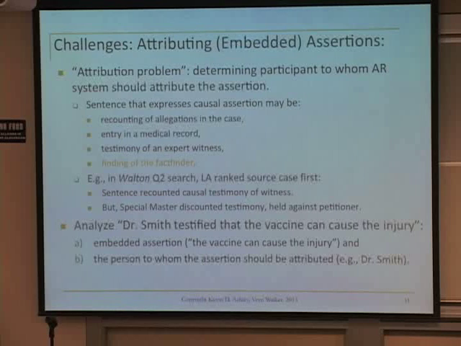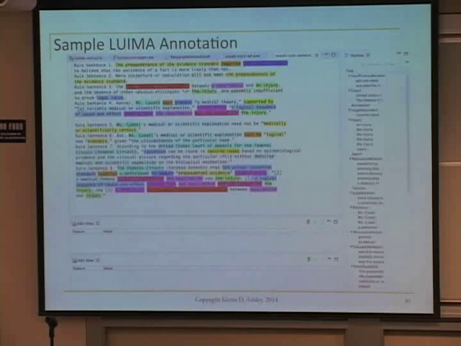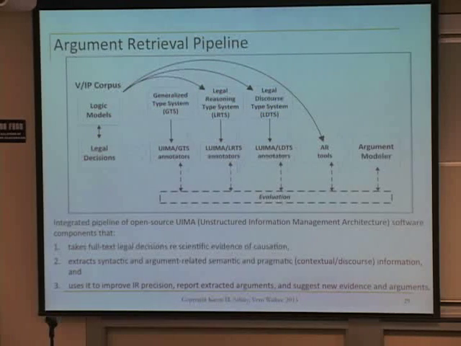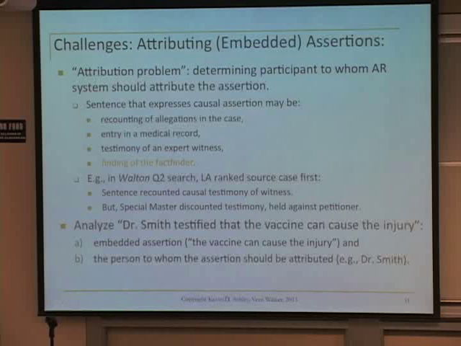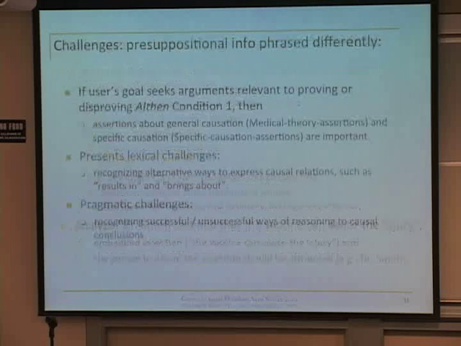And one of the challenges will be to enable, through this legal discourse type system analysis, the AR system to have enough information to distinguish between those different assertions or attributions.